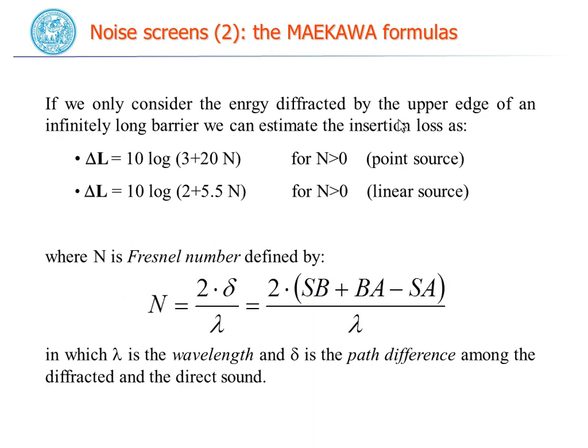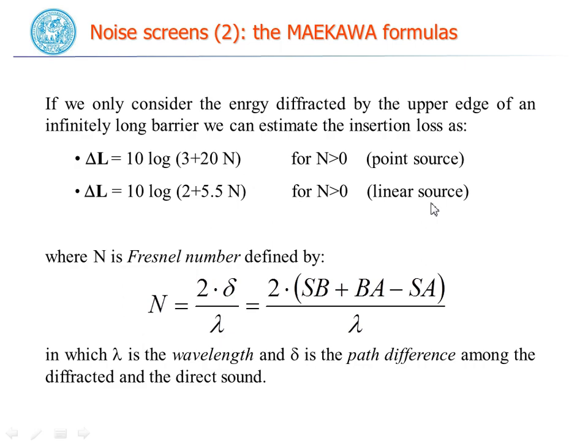The first one is for a point source, okay? The second one is for a linear source. This formula gives you the attenuation as a function of the Fresnel number. What is the Fresnel number?